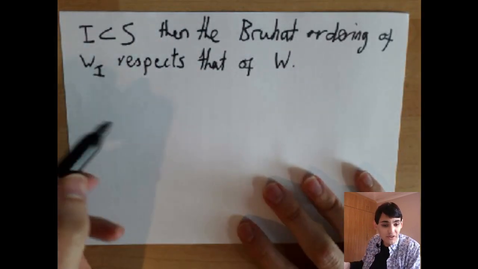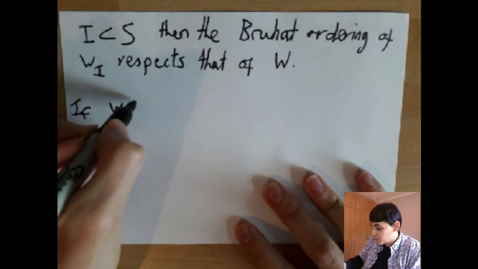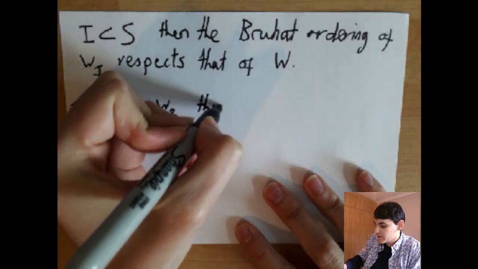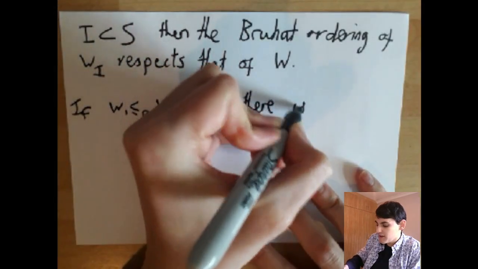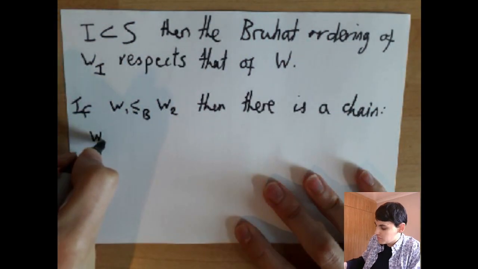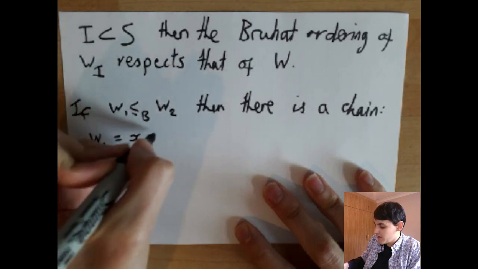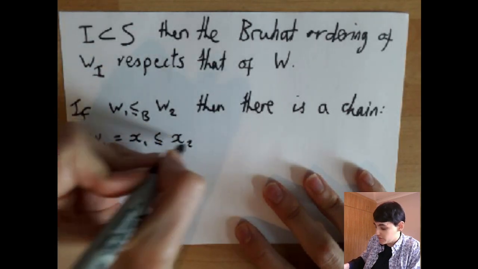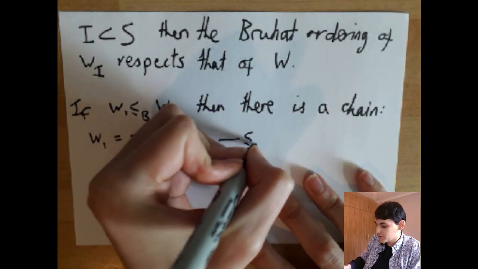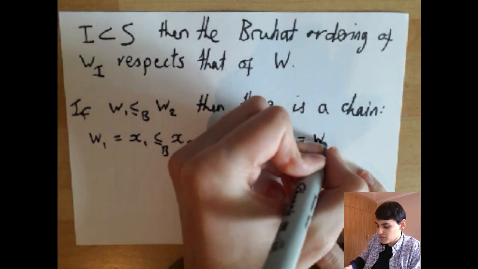And we also have, if W1 is less than or equal to W2 in the Bruhat sense, then there is a chain W1 equals x_1 less than or equal to x_2 in the Bruhat sense, less than or equal to up to x_k, and that equals W2.